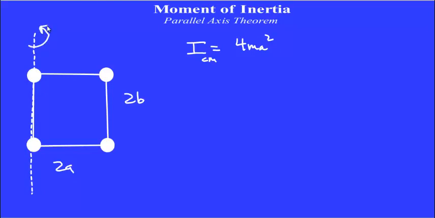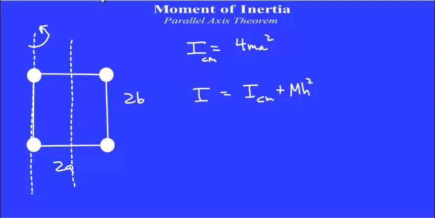Well, that's where this cool thing called the parallel axis theorem comes in. It relates the moment of inertia around the center of mass axis to the moment of inertia around the axis that you want to investigate. Let me write it down. The moment of inertia around our new axis is going to be the moment of inertia around the center of mass axis plus this quantity here, where h represents the distance between the center of mass axis and the axis that you're investigating.